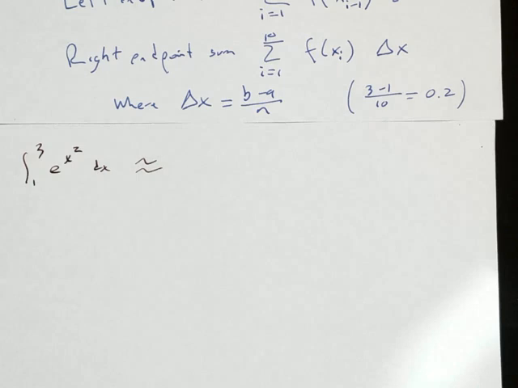And if I'm doing this as an approximation, I'm going to get approximately equals. I'm going to write out the sum. This step is optional, but I think it will help us.